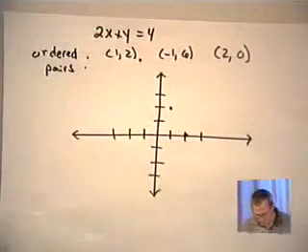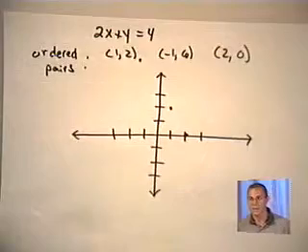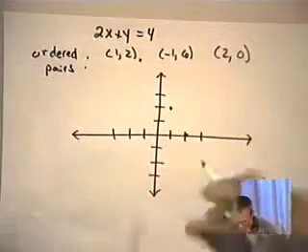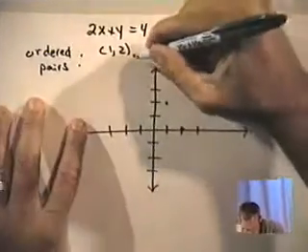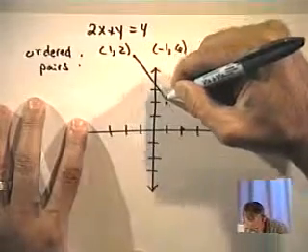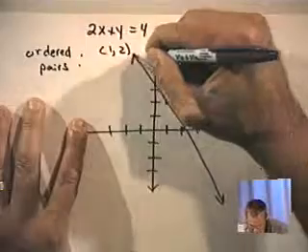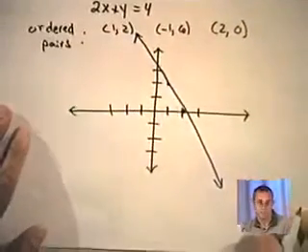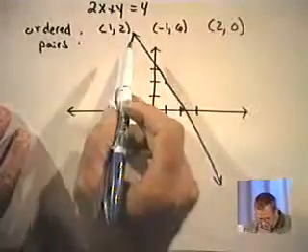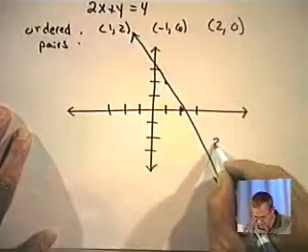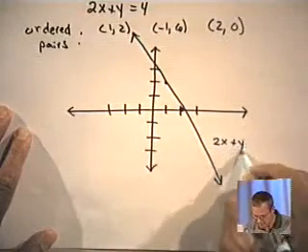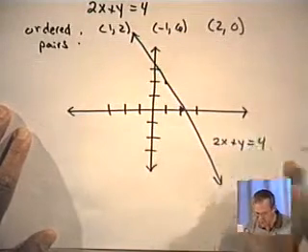And that looks like it's going to be a fairly straight line. If I connect these points, that's supposed to be a straight line. This is the line 2x + y = 4.